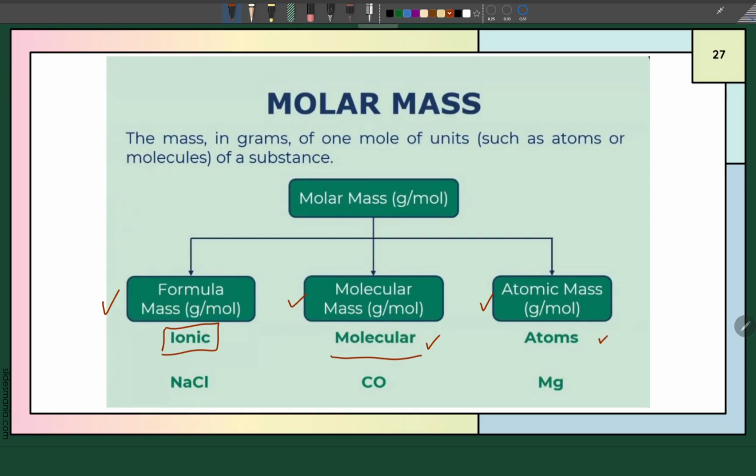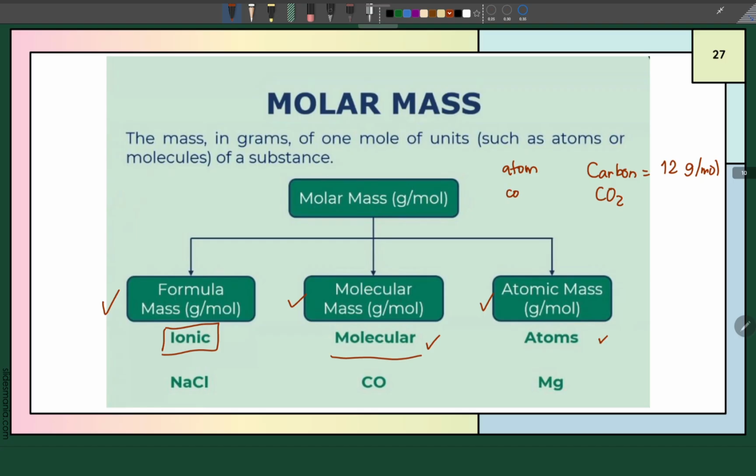An example: what is the atomic mass of carbon? You look at the periodic table, so that will be 12 grams per mole. This is an atom, so it's called atomic mass. Let's have a carbon compound, which is a covalent compound, CO2.